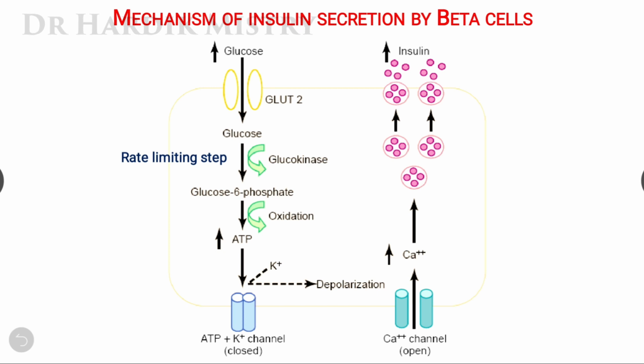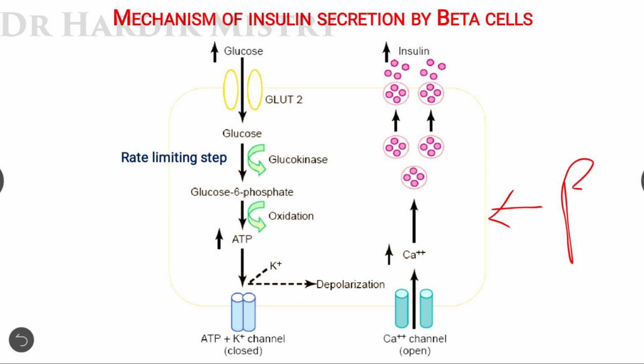Now the mechanism of insulin secretion by the beta cells. This one you are seeing is the beta cell. Once the glucose concentration increases inside our body, for example after a meal, glucose enters the beta cell of the islets of Langerhans via the GLUT2 receptor.